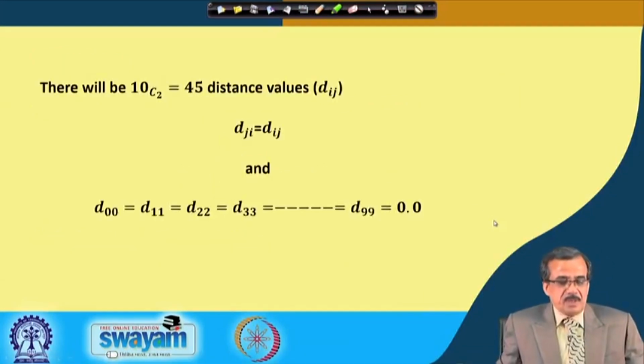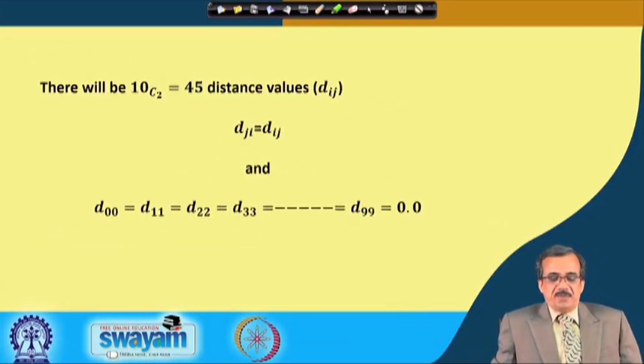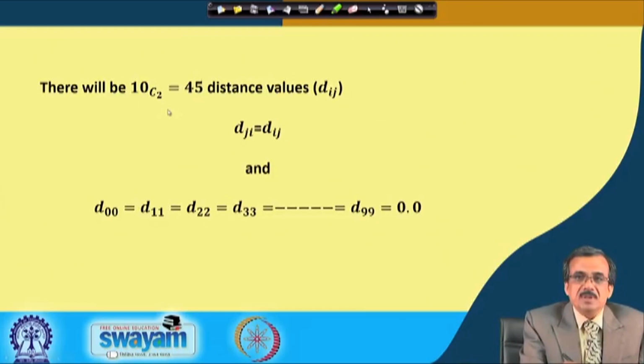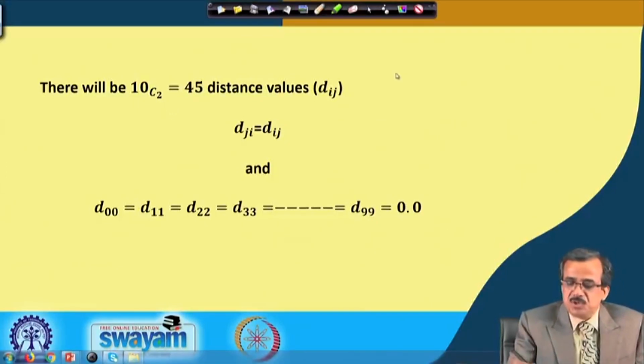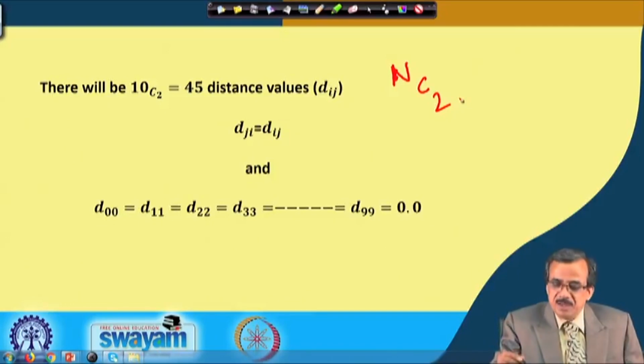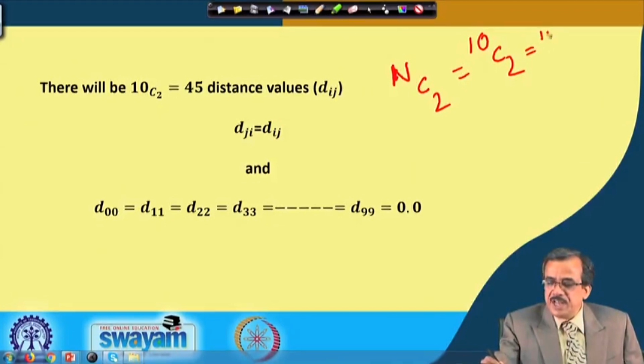Using this we can find out d bar and all such things, because here 10 C 2, that is nC2, is the total number of distance values which we will have to consider and calculate. It is 10 factorial divided by 8 factorial and 2 factorial.